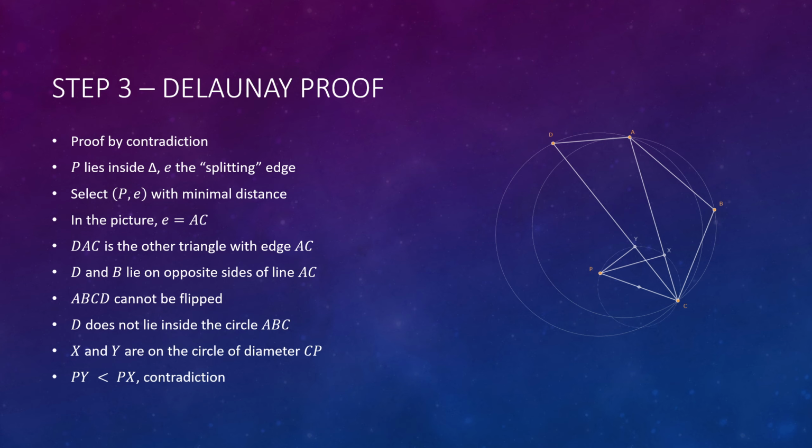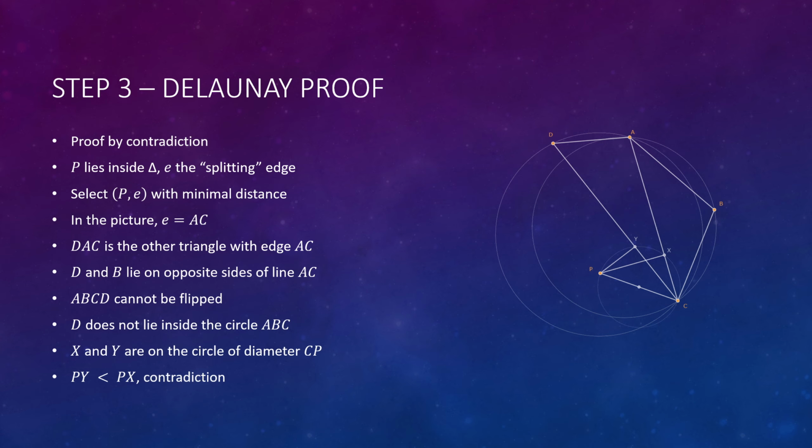And this is a contradiction because we picked the pair P and E with minimal distance. So then we should have picked triangle ACD and angle endpoint P. So this is a contradiction. This means that in fact there is no such point P. So the end result is indeed a Delaunay triangulation. And with this we finish the second part, which is about Delaunay triangulations.